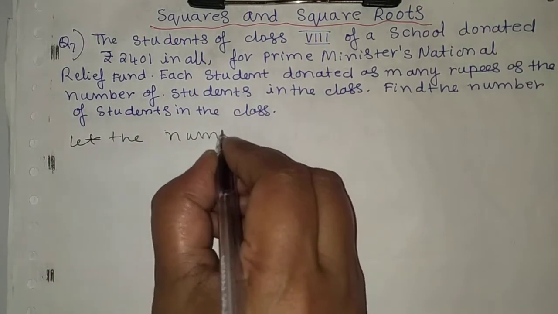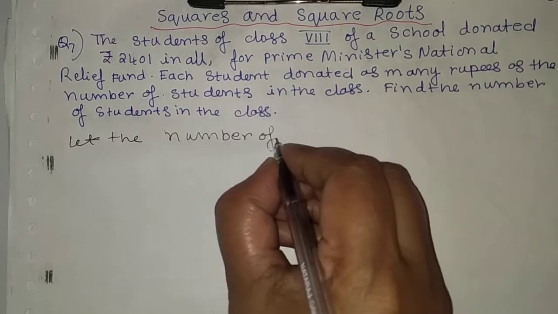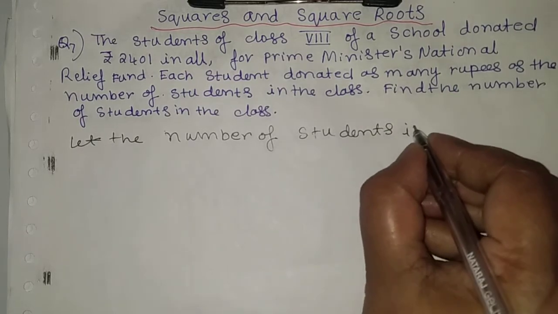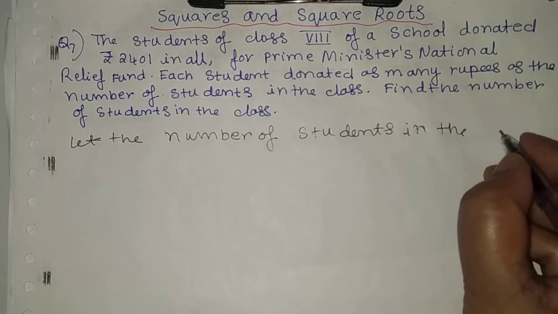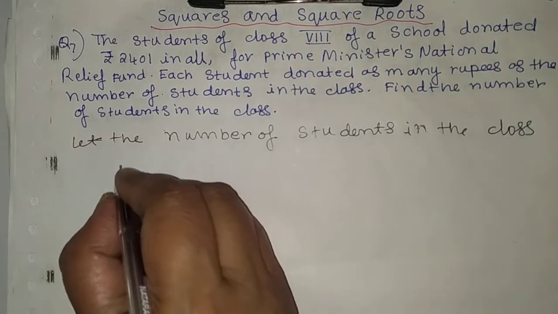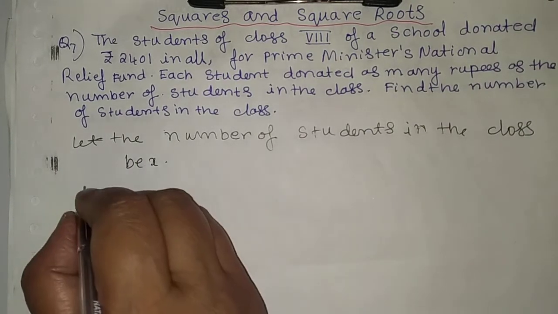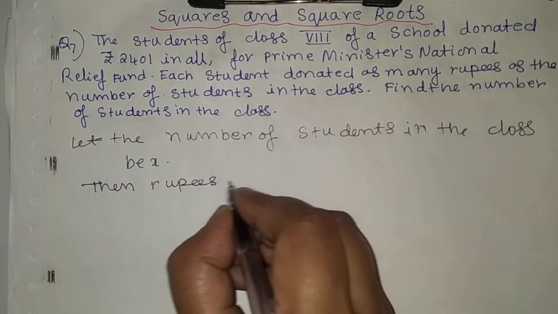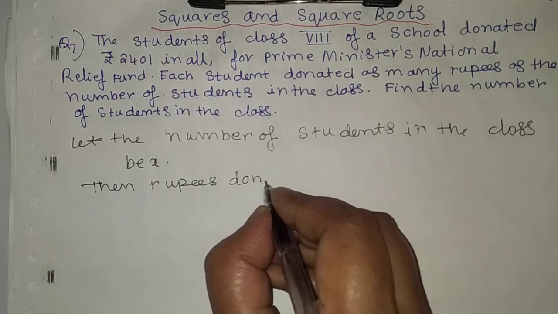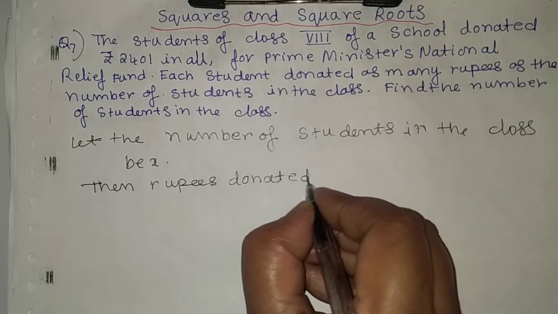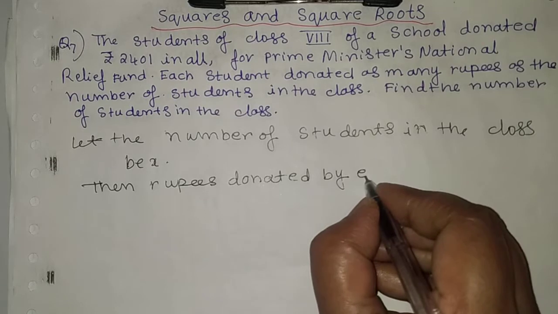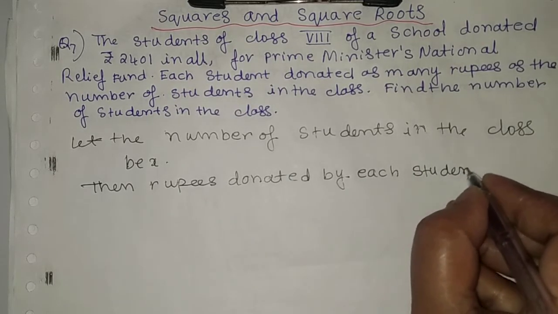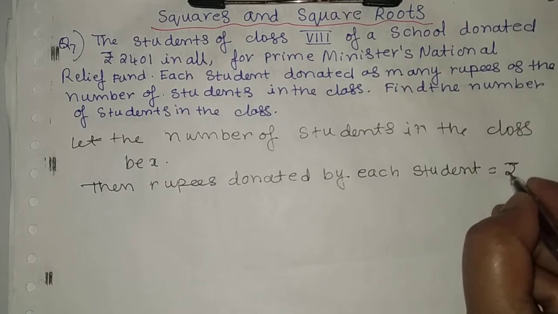Let the number of students in the class be X. Then we don't know rupees donated by each student.